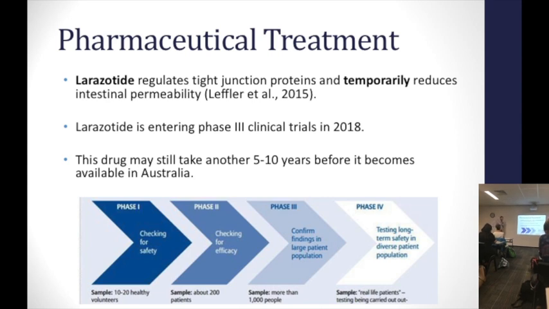So basically, you need to take this pharmaceutical agent every 2 to 3 hours for it to be effective. It is in phase 3 clinical trials, so you are looking at another 5 to 10 years before this pharmaceutical agent will reach Australia, but it is worth noting.